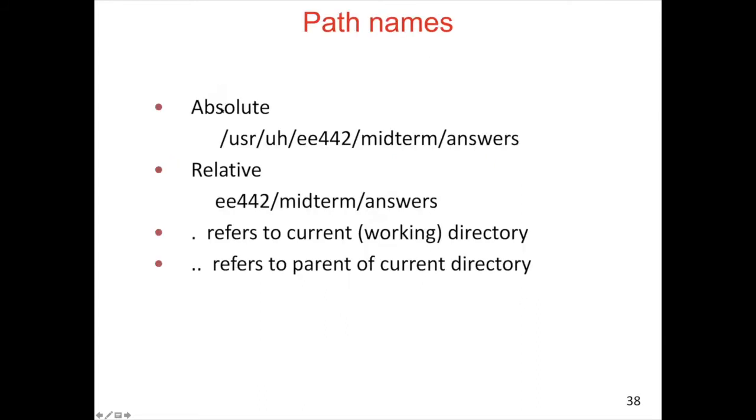The path names may be absolute. In that case, starting from the root, under that the directory, this is the username, then under that EE442, and then under that another directory midterms, and then this may be a directory answers, or it may be a file under midterm.